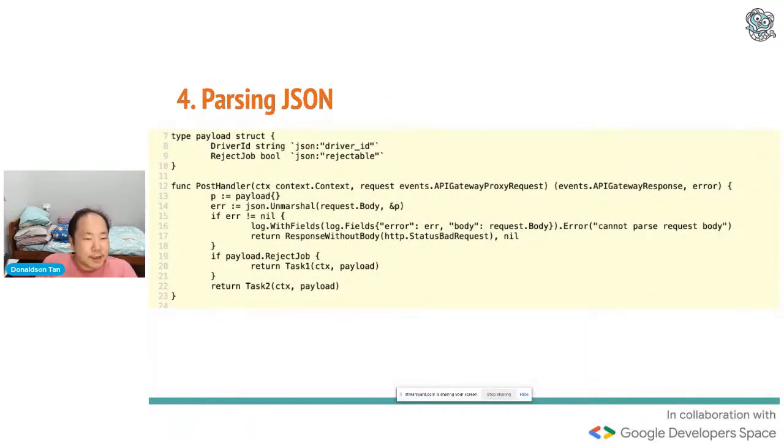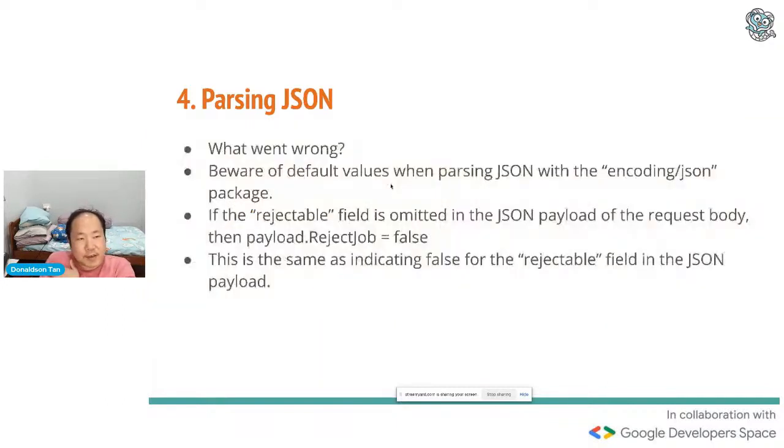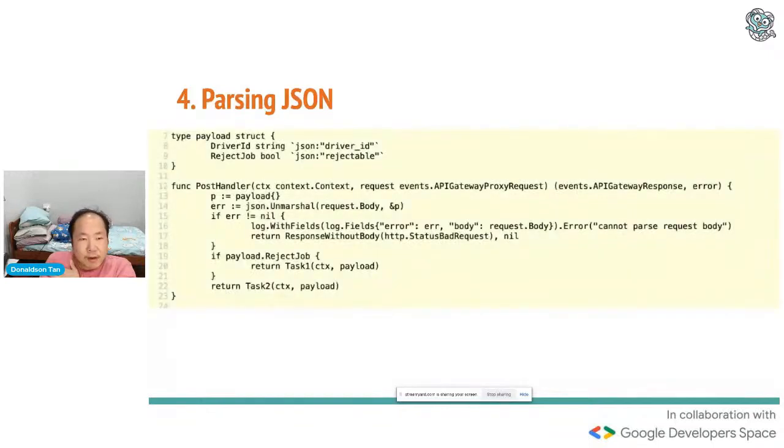The next one is a common problem when you are parsing JSON. We often use the encoding JSON library to parse the JSON, but there are problems with it. Primarily, the main issue is default values. Normally when we unmarshal the body, the information is outside our control, so it might not be correct.